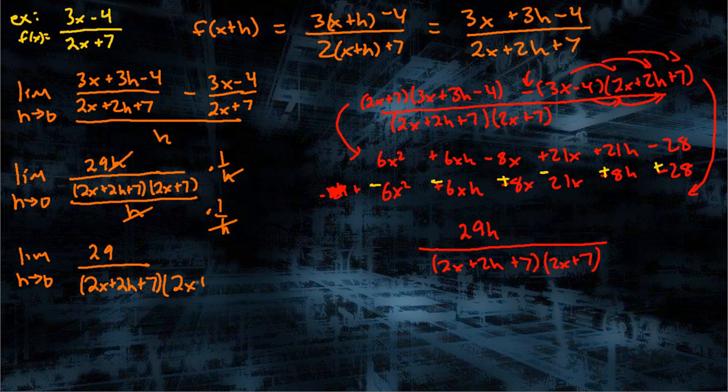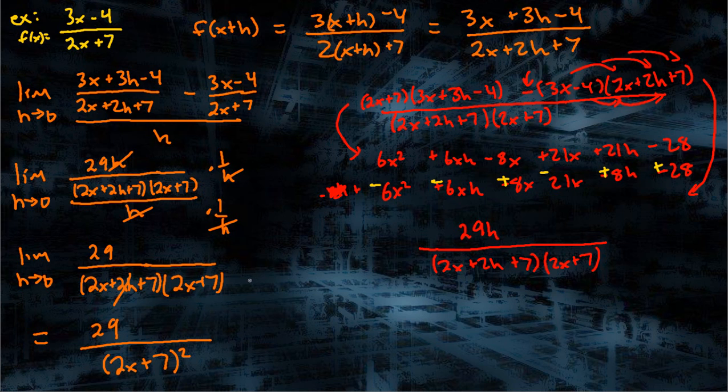Isn't this exhausting? Hopefully you don't get lost. Be patient with yourself. Take your time. H is going to 0, so that goes away. And I have equals 29 all over 2x plus 7 squared.